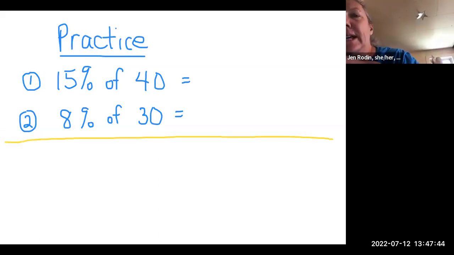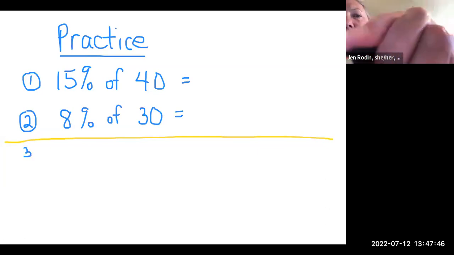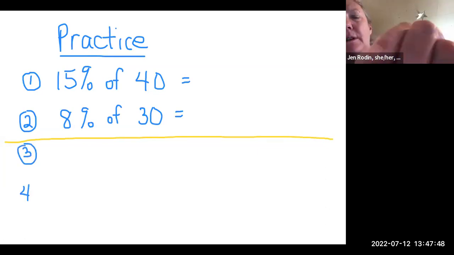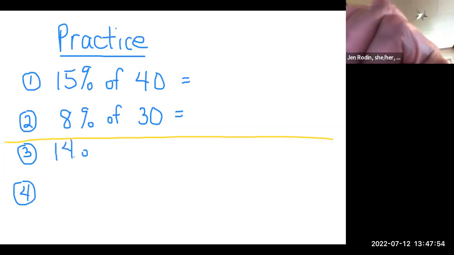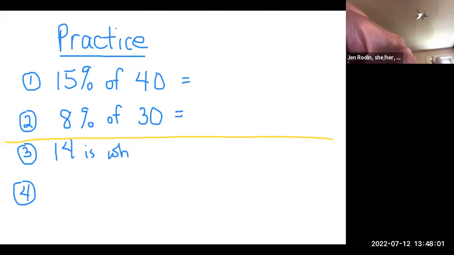The next kind, the next easiest in my opinion, is like 14 out of 70. We did one like this, but a harder one. What percent of 70?